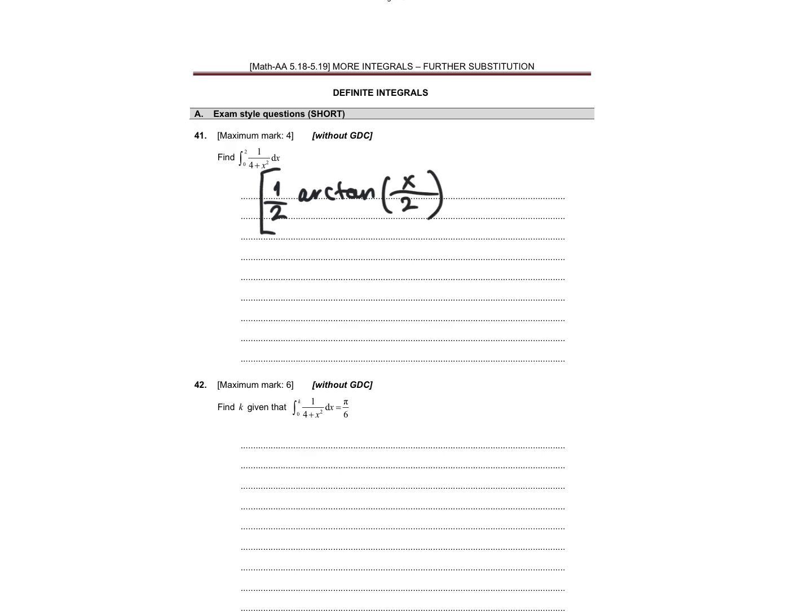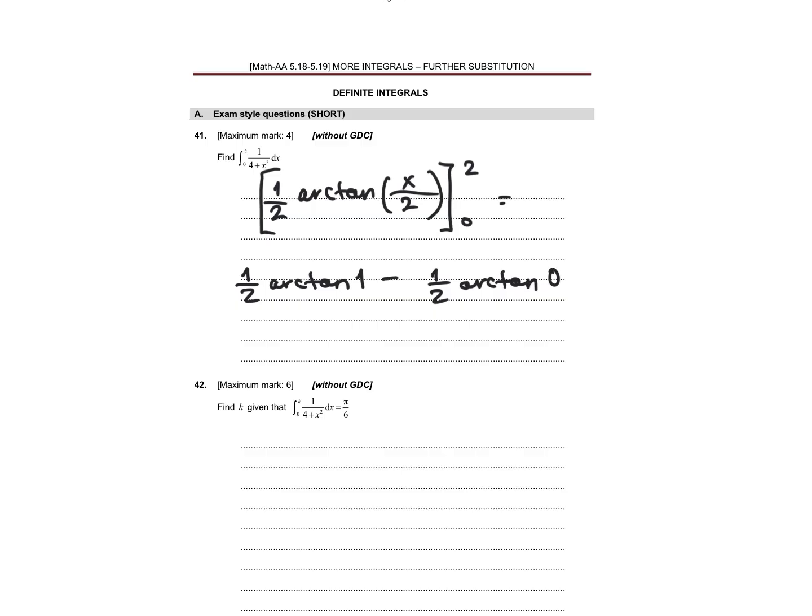And we want to evaluate that from 0 to 2. So we're going to substitute in the 2 and the 0 and subtract them in that order. So it's going to be 1/2 arctan 2 over 2, which is 1, minus 1/2 arctan 0 over 2, which is 0.